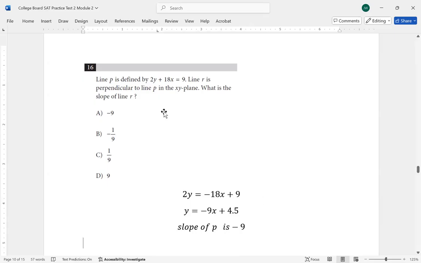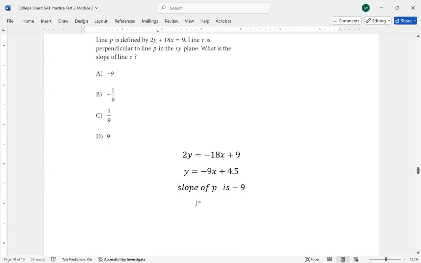If the slope of line P is negative 9, that's one thing. But we said line R is perpendicular to line P. So perpendicular slopes are negative reciprocals.